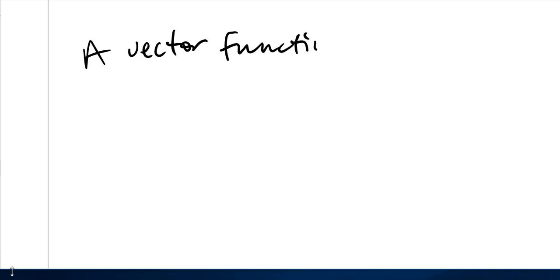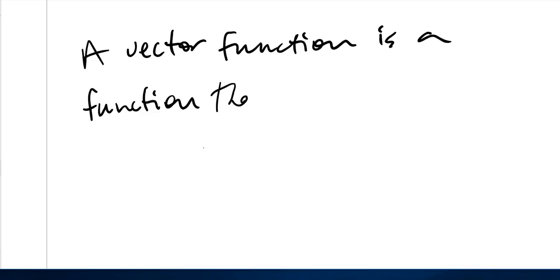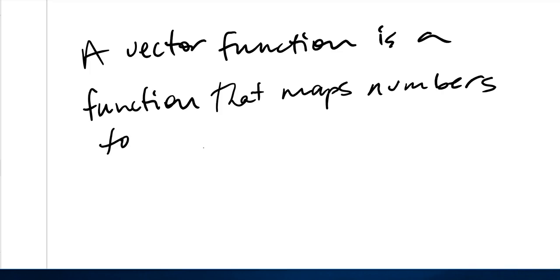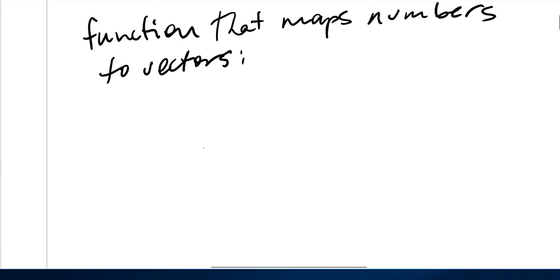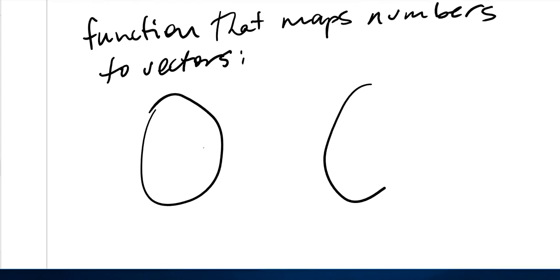You may have a function, so a vector function. A vector function is a function that maps numbers to vectors. Basically, you've seen functions in algebra before, but they looked a little different there.